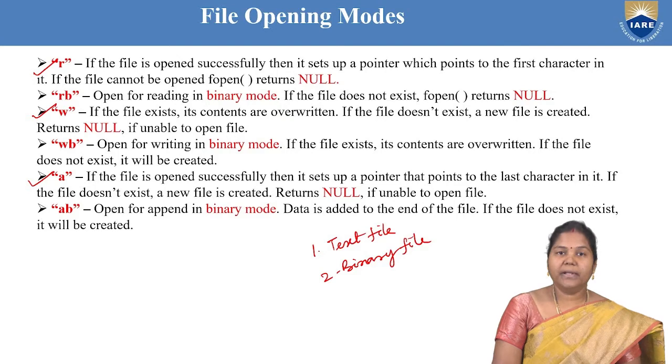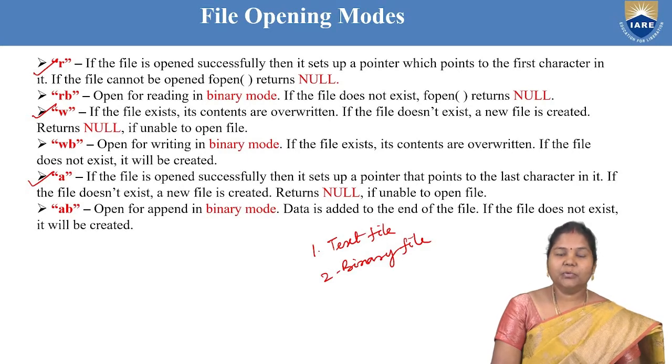If you are opening a file in read mode, then the file pointer always points to the first character in that file. And if the file could not be opened due to some reason, then the fopen function returns NULL. Similarly, in the write mode, a new file will be created and ready for writing. If the file could not be opened due to some reason, then the fopen function returns NULL for the write mode also.